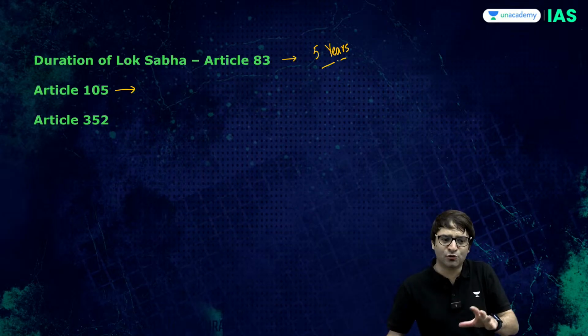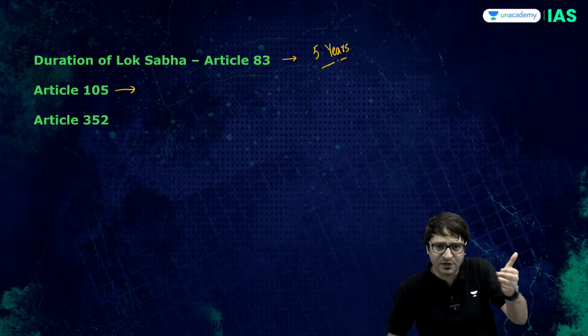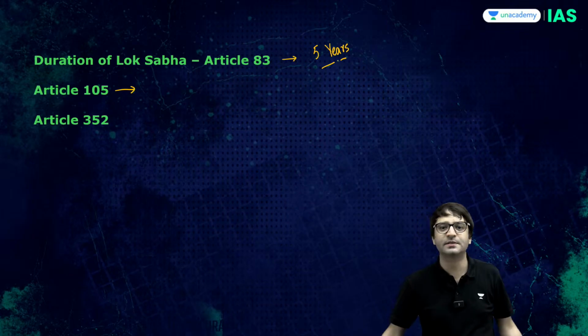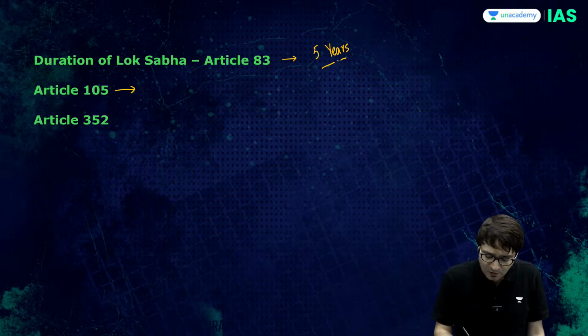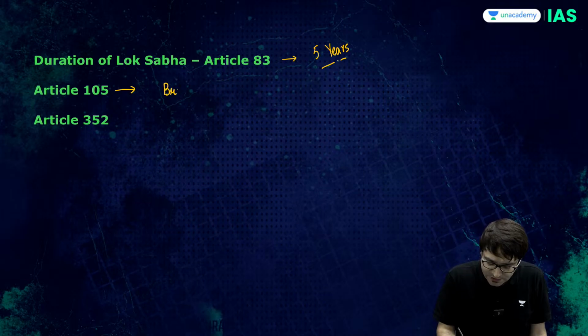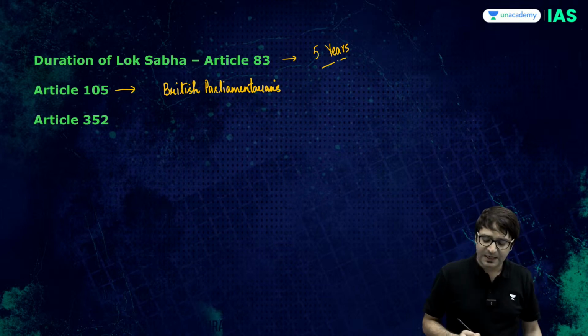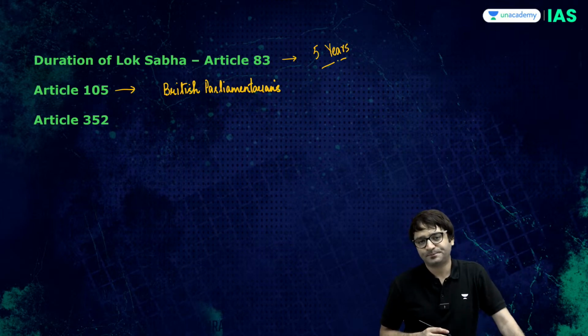So all Parliament has to do is enact a law, and through this law define what are these powers, immunities and privileges that will be available to Parliament and parliamentarians. But till the time Parliament enacts this law, all the privileges and immunities that are available to the British Parliament and the British parliamentarians shall extend to the Indian Parliament as well as Indian parliamentarians.